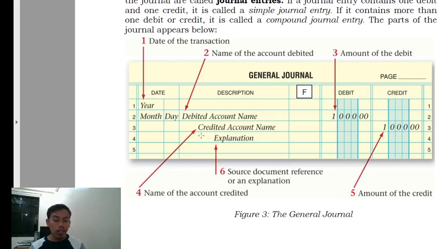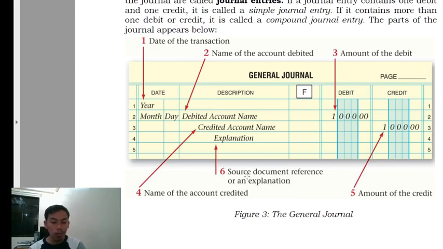Then, another row would serve as the explanation. So, the date of the transaction, the name of the debited account, the name of the account credited, the explanation. Ano yung explanation na yan? The source document reference or an explanation. Ilalagay mo doon based on OR 100.